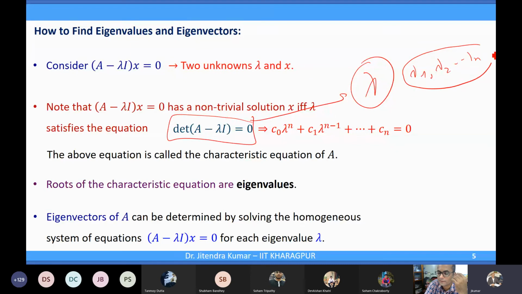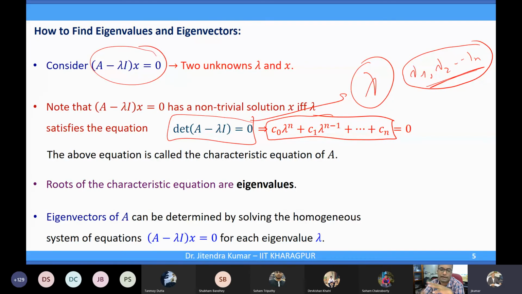If it is n by n, you will get an nth order equation and you will get n roots. And then corresponding to each, you have to find x by solving the system of homogeneous linear equations.